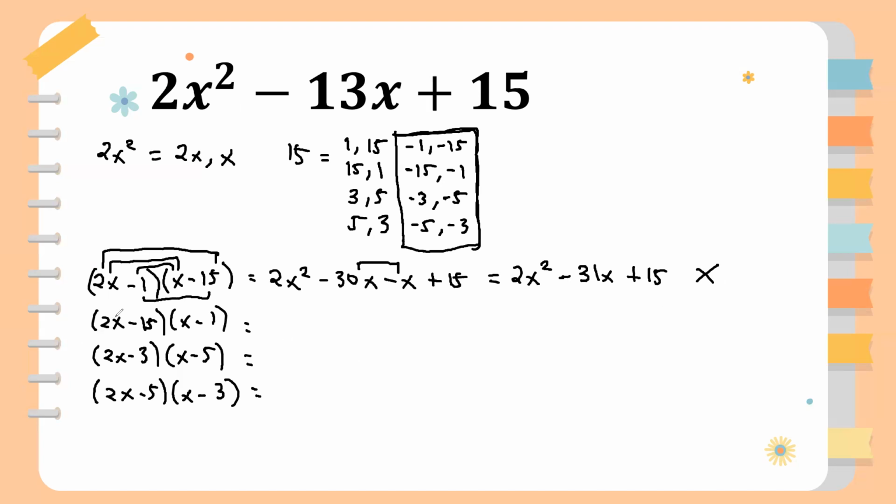Next, we have 2x minus 15 times the quantity of x minus 1. FOIL method natin, 2x times x, that is equal to 2x squared. Next, outer term 2x times negative 1 that is equal to negative 2x. Negative 15 times x, we have negative 15x.